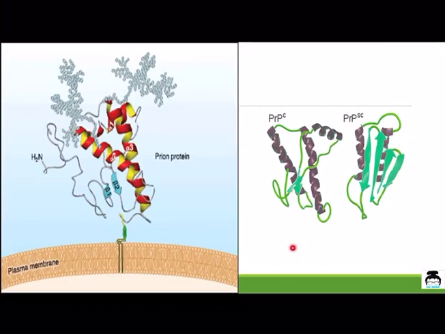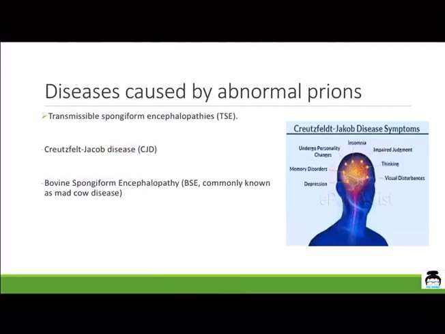What happens if it becomes infected? If this prion protein becomes infected, it will change to form this thing over here called PrPSc. Now prion protein Sc has its alpha helices replaced with beta sheets, and this is problematic because it may cause problems, as we will see shortly.